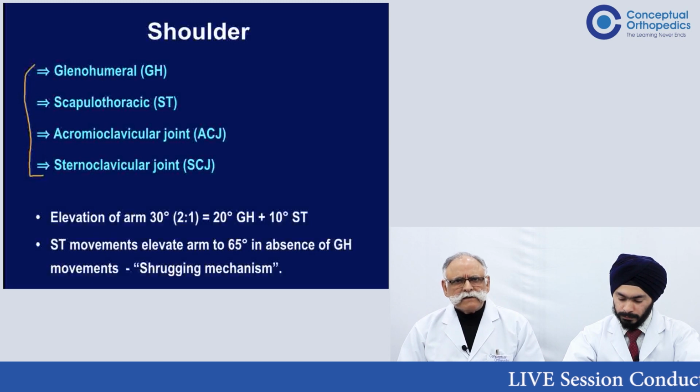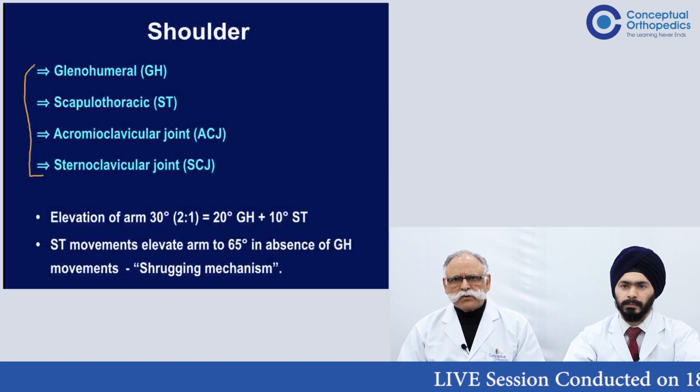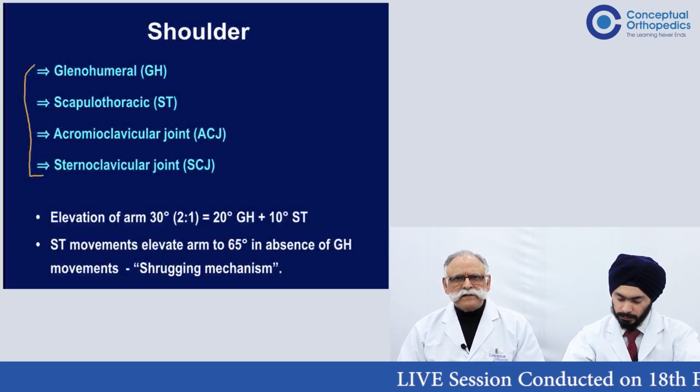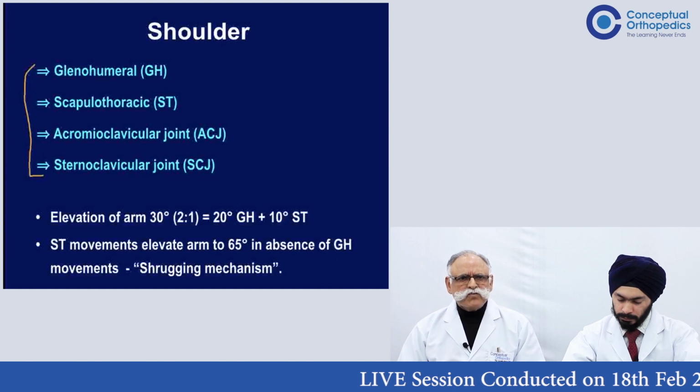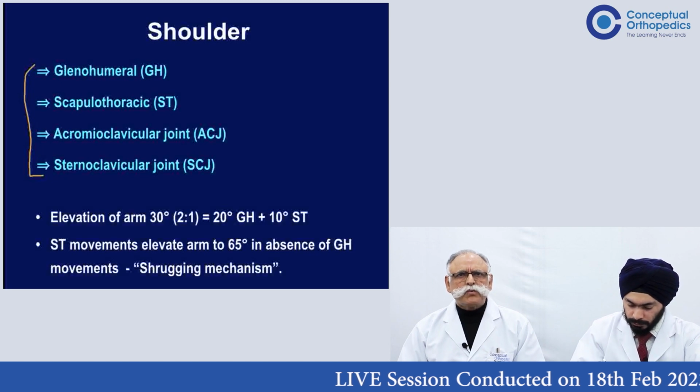In fact, elevation of the arm is required in most activities. The initial 20 to 30 degrees of elevation is purely done by the glenohumeral joint, while from 30 degrees onwards up to 120 degrees, the glenohumeral and scapulothoracic joints move jointly in a ratio of 2:1.